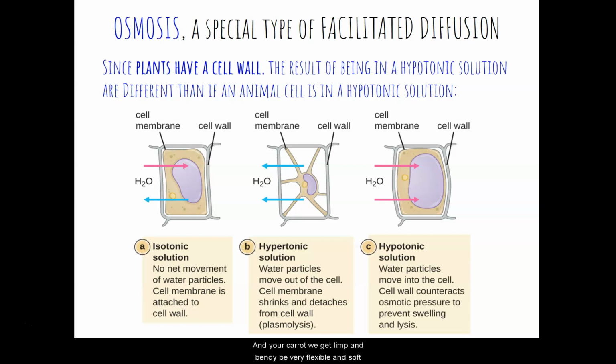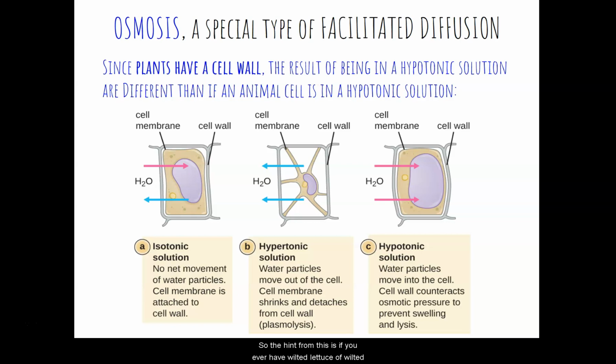And your carrot would get limp and bendy and be very flexible and soft. If you have a plant that's in an isotonic solution, there's no net movement of water particles, and the cell membrane is going to attach to the cell wall. You'll have a moderately crisp carrot, but it won't be perfect.